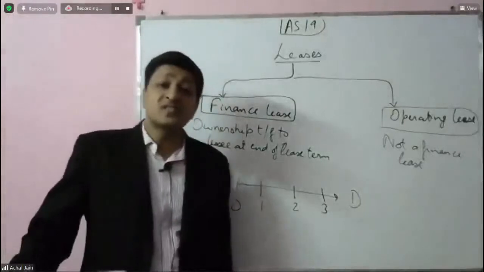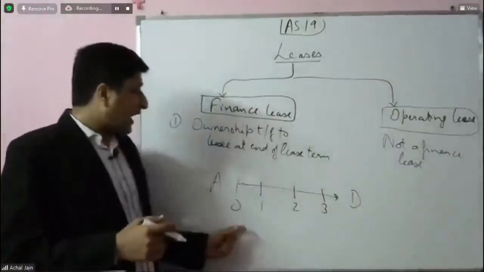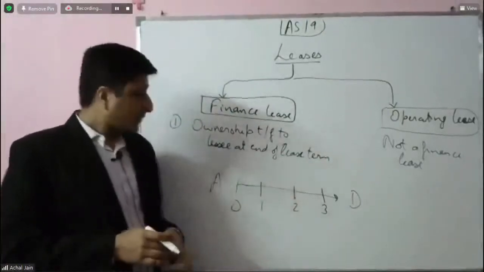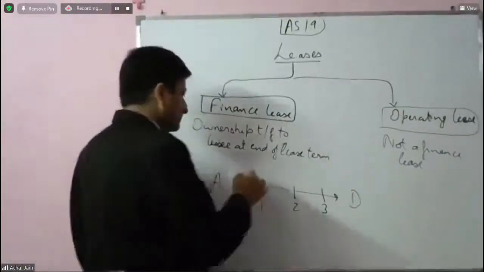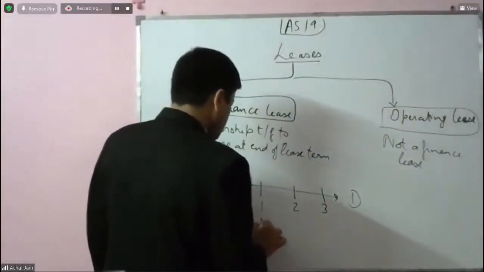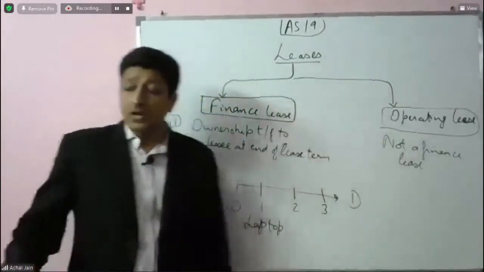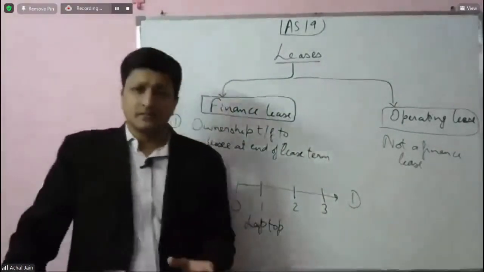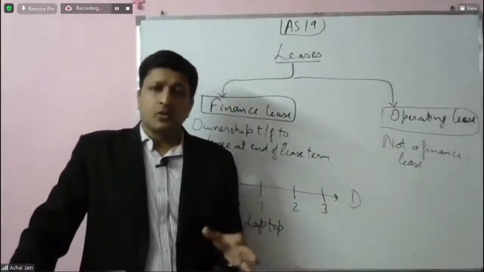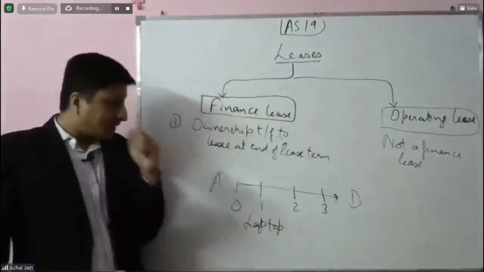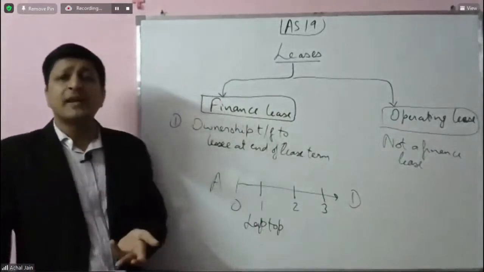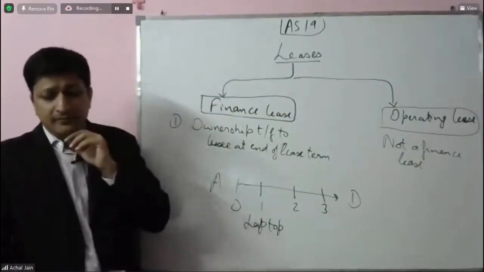Lease terms say that after 3 years, ownership of the laptop will get transferred to D. Till 3rd year, ownership will continue to remain with A. But after 3 years, what will happen? It will go to D.